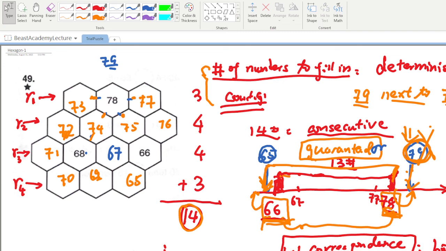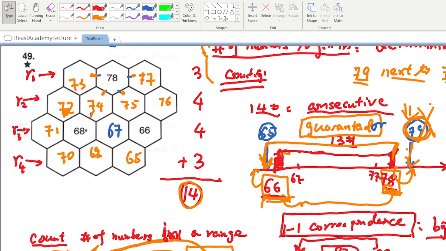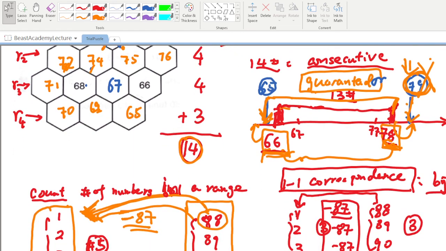We want to find the invariant of this structure, which is the number of numbers. From this, you had better learn how to count how many numbers are in a range, using the one-to-one correspondence. That's what we did here, so it's easy to understand instead of just remembering some formula.